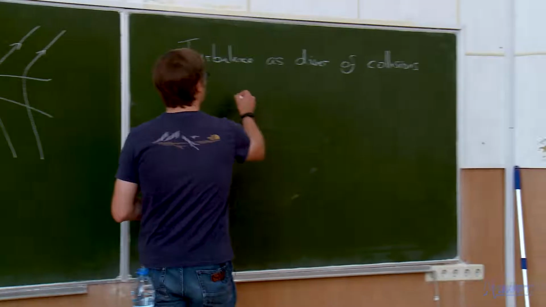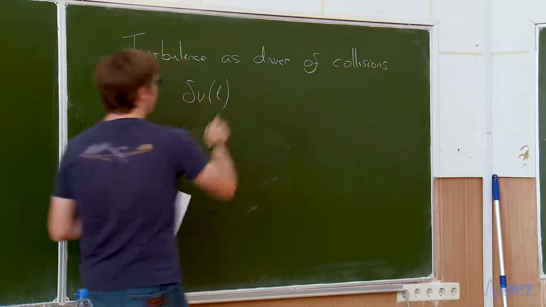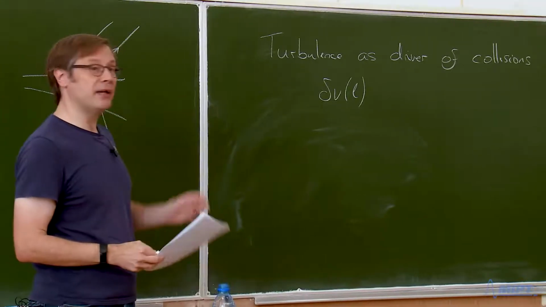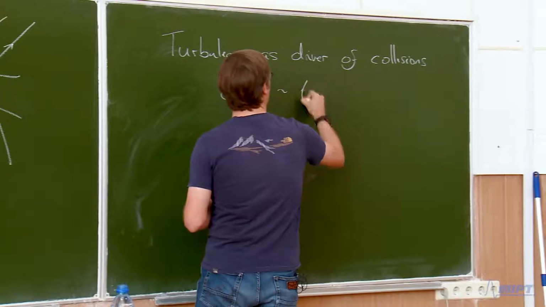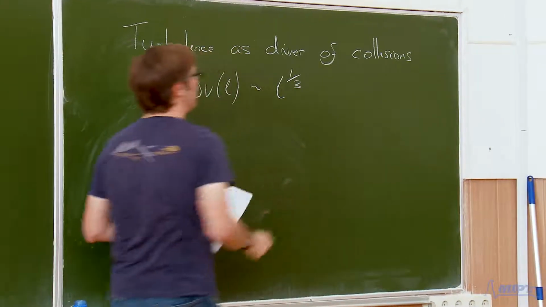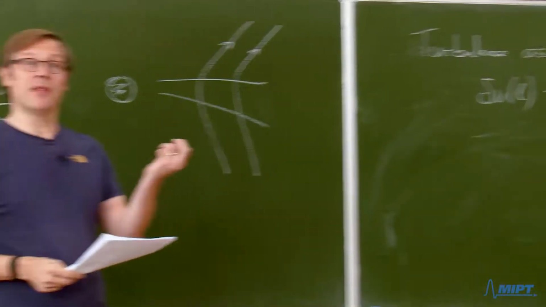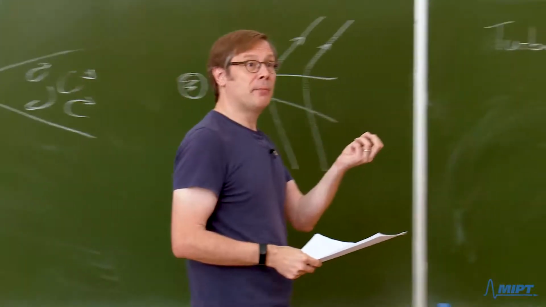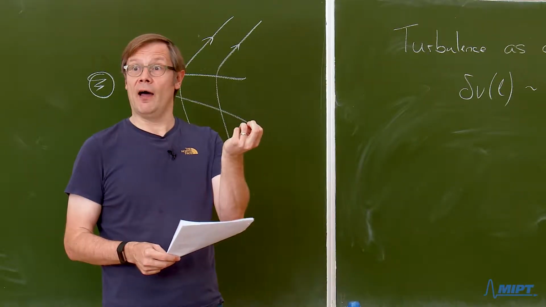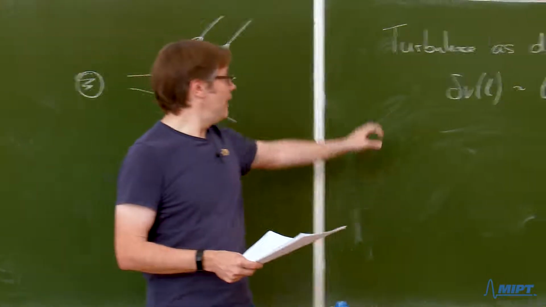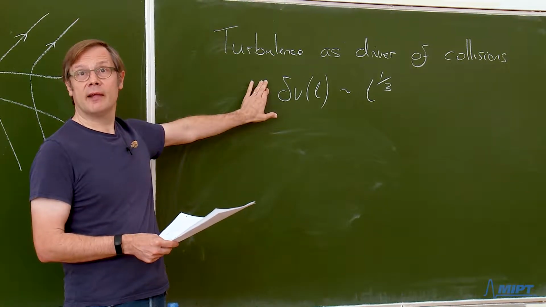So we might have a standard circumstance where we have some velocity fluctuations, delta v, which are a function of scale, so that's going to have some scaling with the characteristic size that we're interested in within the disk. And if we imagine perhaps millimeter-sized particles which are trying to collide, on those scales, this coupling to the turbulence may dominate their collision velocity.